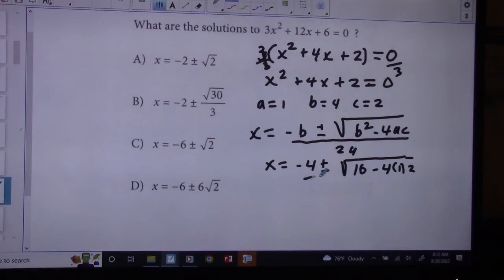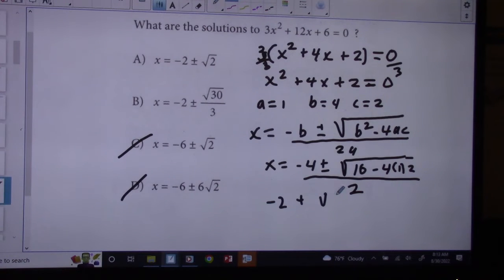So you have all over 2A, and so you're going to have negative 2, right? So negative 2 already is what you have, plus or minus the square root of 8 over 2.